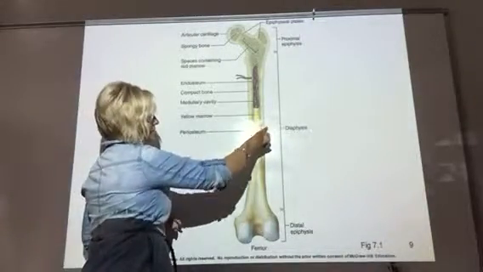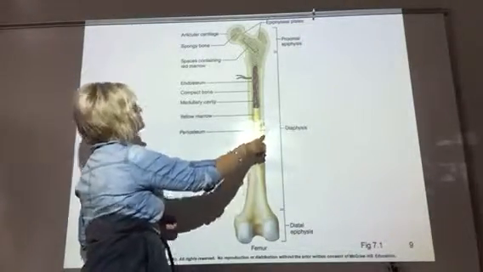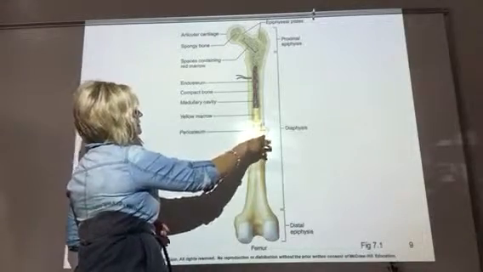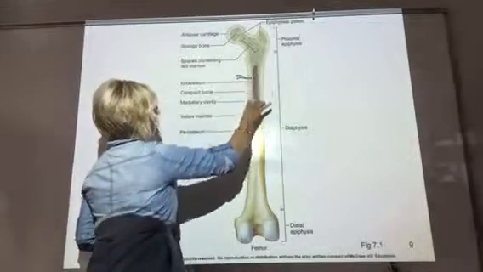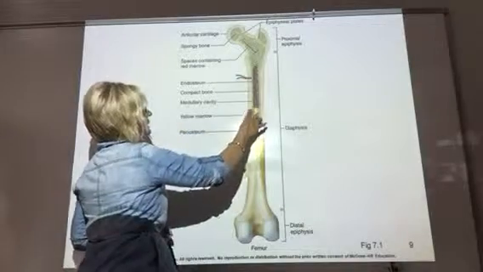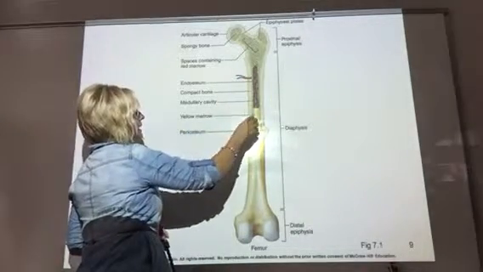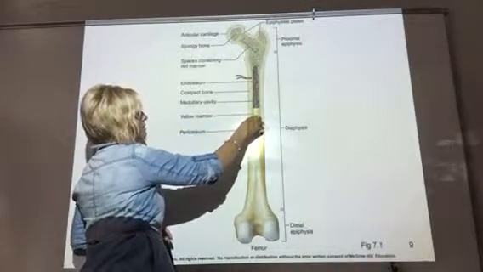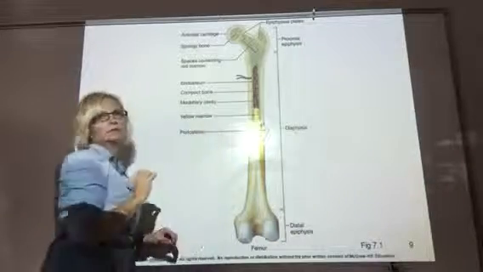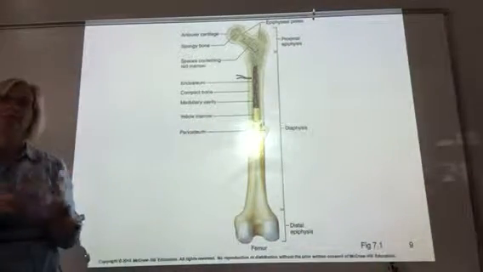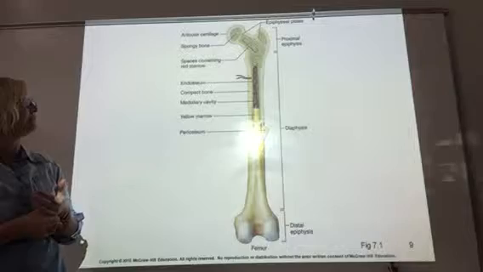Periosteum, peri meaning outside, is the outside lining. Then I can see this would be compact bone, and inside I have my marrow that fills that cavity. So the empty space is the medullary cavity.